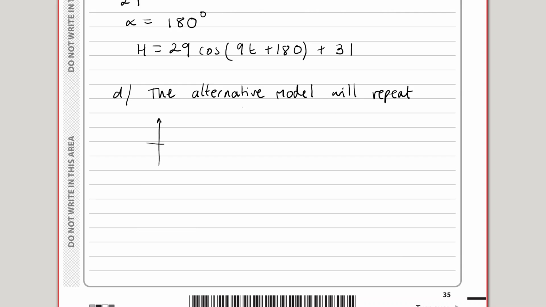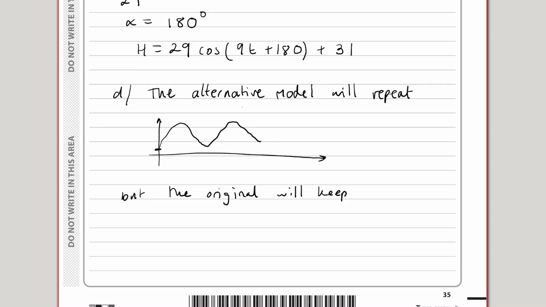So it's going to follow this wavy pattern. So it starts at 2, and that's its minimum. So it goes like this. But the original will keep going down like so.